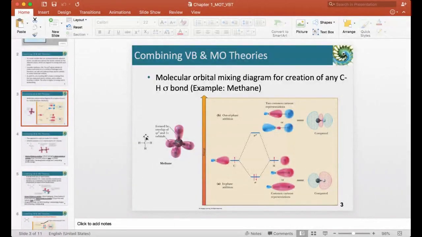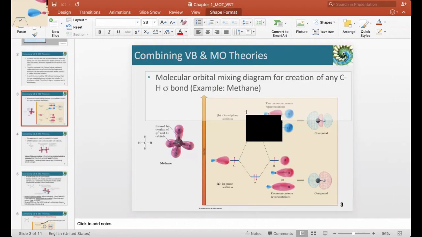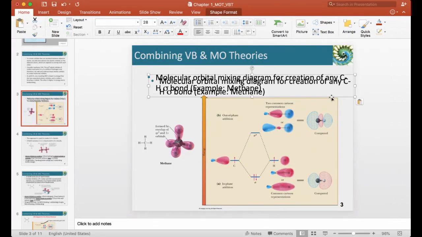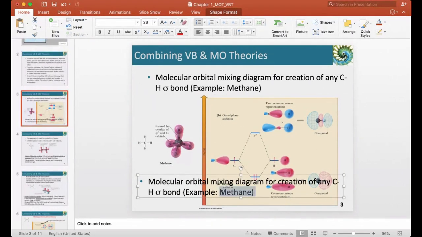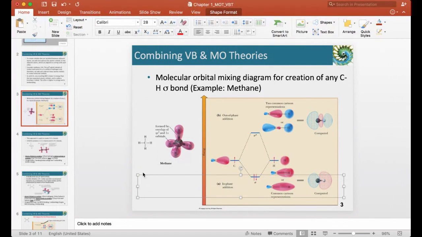All right. So if there are 4 sigma bonds, for methane, there are 4 hydrogens, so there are 4 s orbitals from hydrogen and 4 hybrid sp3 orbitals from carbon.